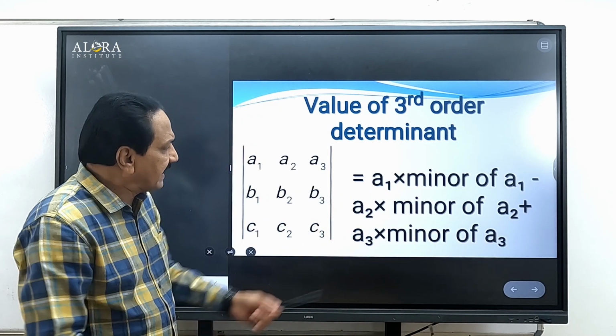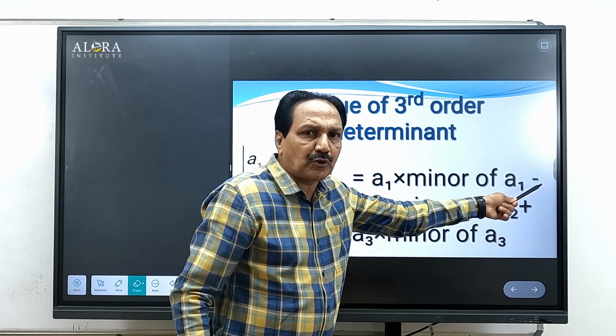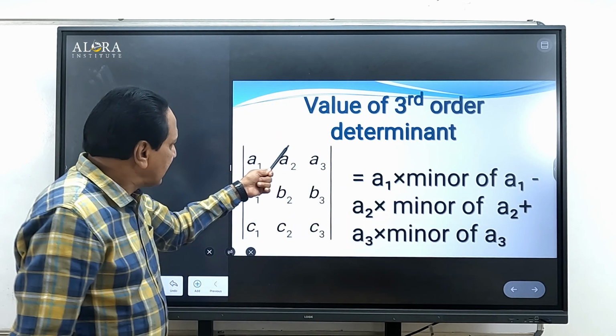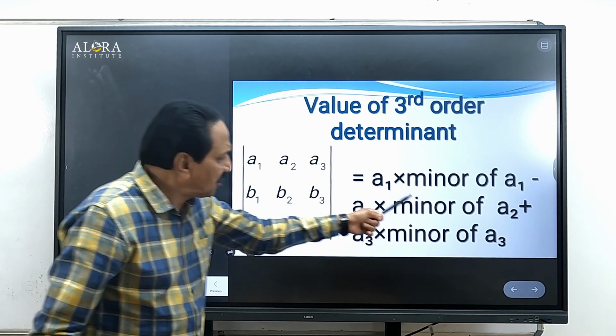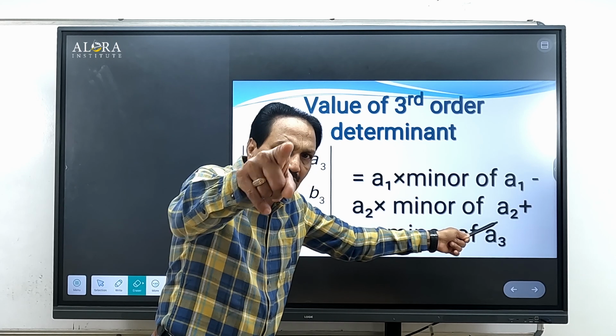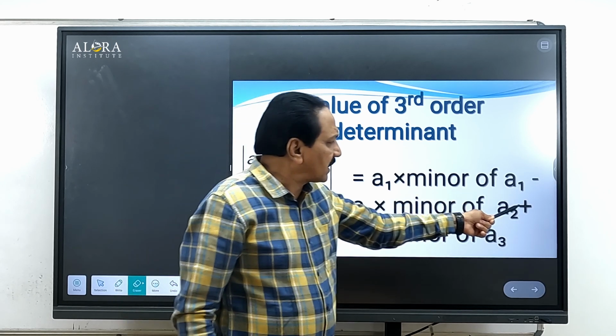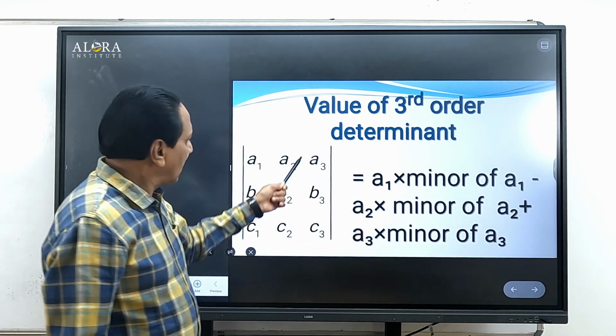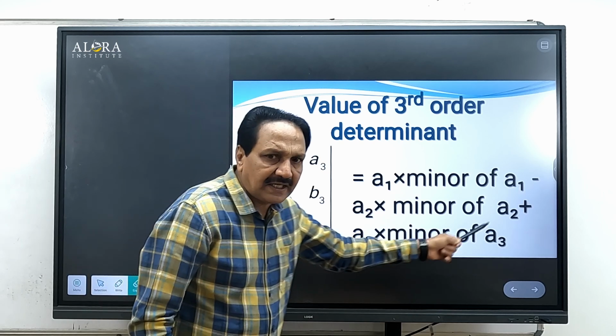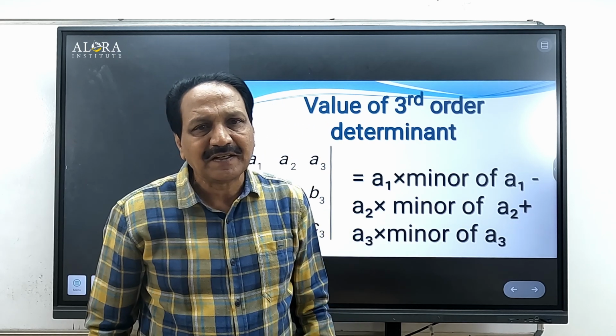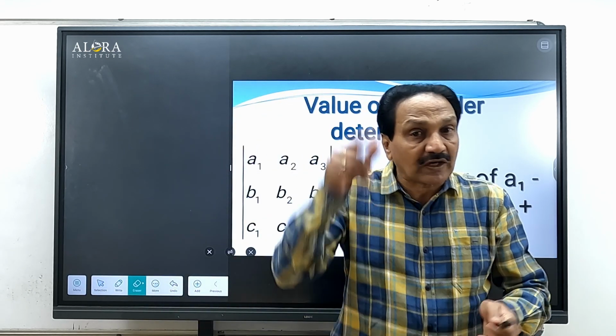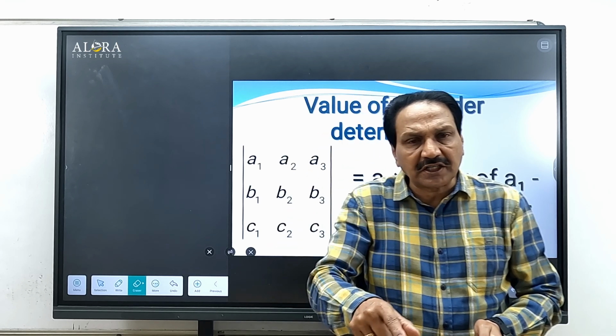Minus. While writing the second term, put the minus sign. Minus second element A2 into minor of A2. You know how to write minor of A2. Third term with plus sign, plus third element A3 into minor of A3. So what is the formula for the expansion of third order determinant?